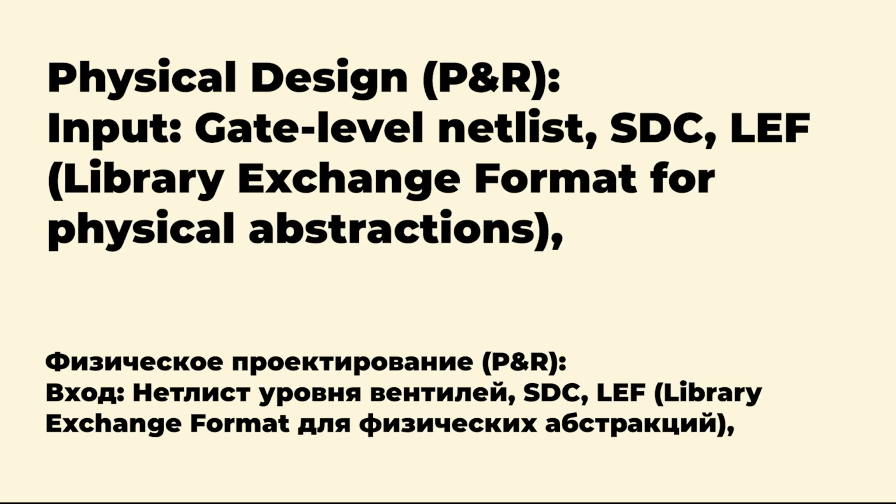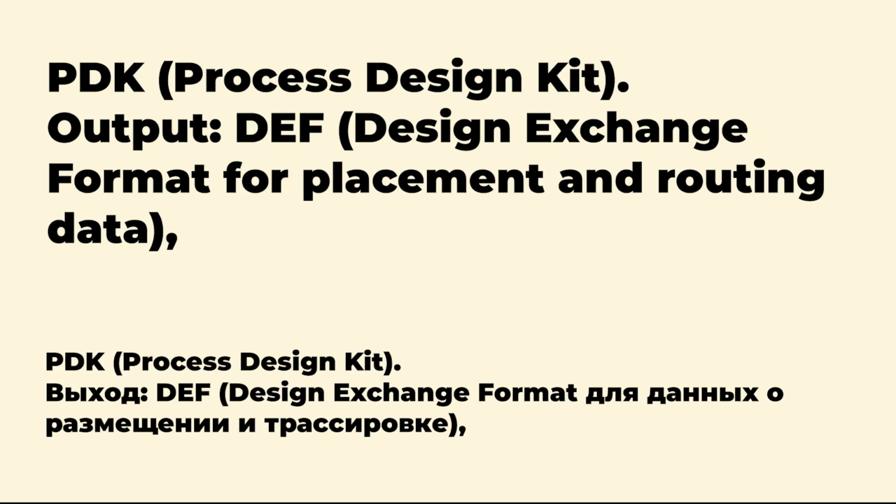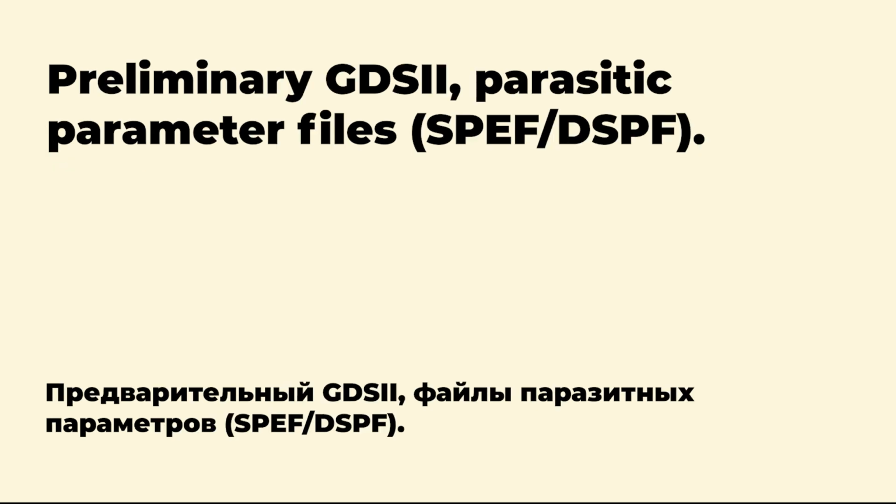Physical design, P and R. Input: gate-level netlist, SDC, LEF, library exchange format for physical abstractions, PDK, process design kit. Output: DEF, design exchange format for placement and routing data.